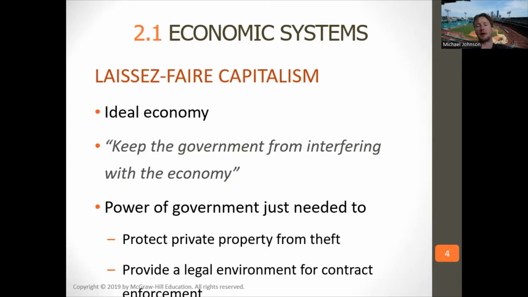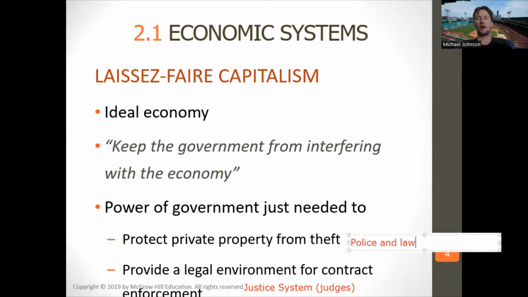The government just protects private property from theft and ensures contract enforcement. So it's a very minimal government: a justice system with judges, and police and law enforcement. It wouldn't have anything else.